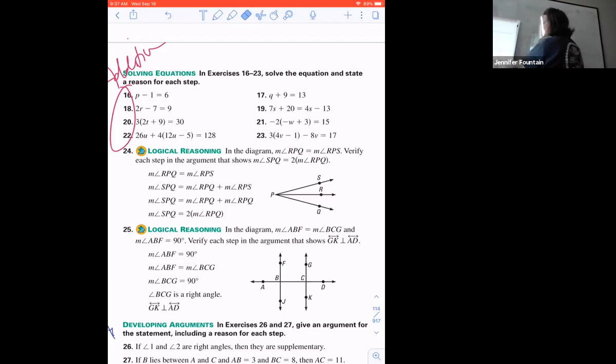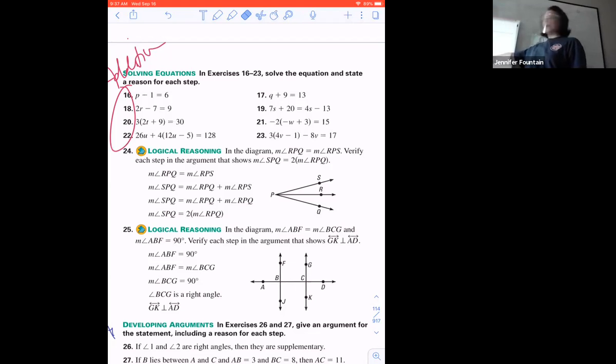It cuts angle SPQ in half, so now I also can see that SPR plus RPQ would equal SPQ. As we're starting to look at these figures, start running all these things through your mind. So the measure of RPQ equals the measure of RPS.